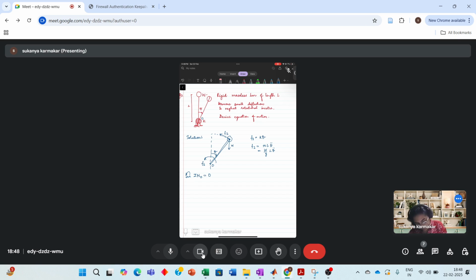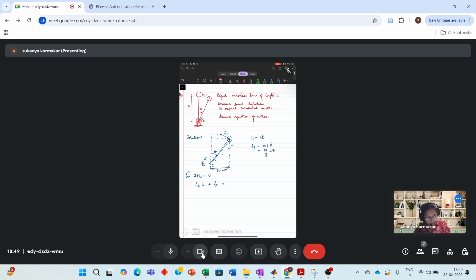Fi at the distance L in the anti-clockwise direction plus Fs is equal to, you have this weight acting at a distance of L sin theta.